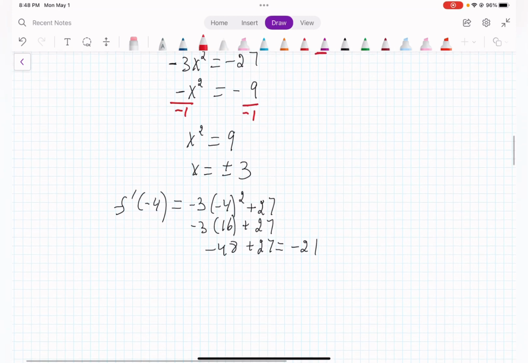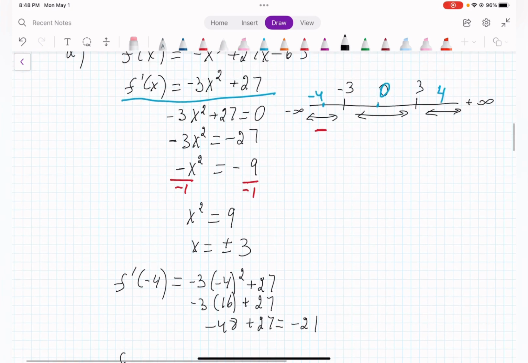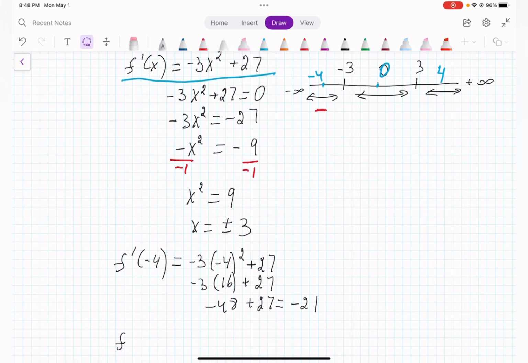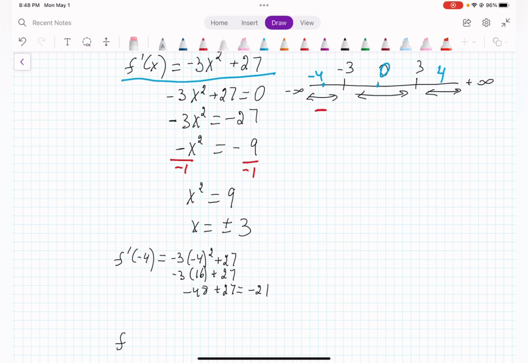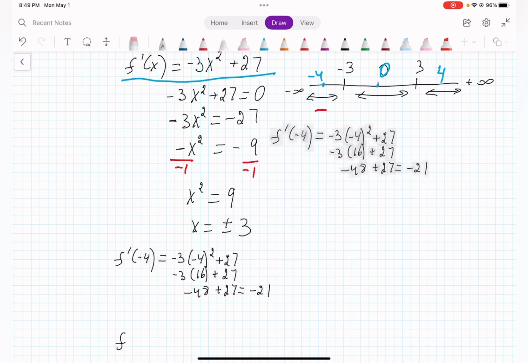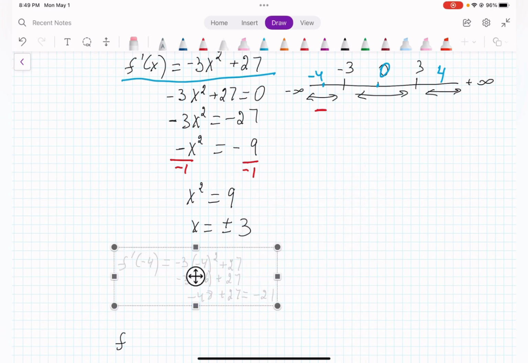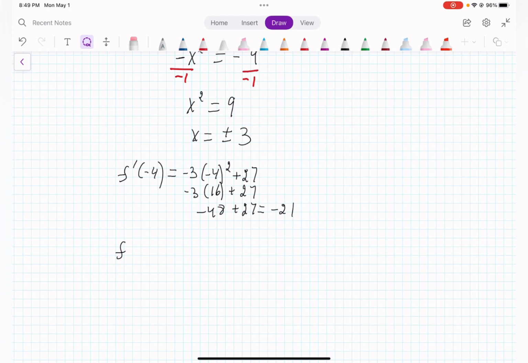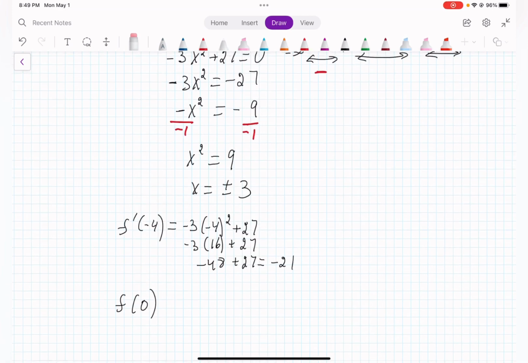Okay, now we are testing 0. Now f of 0. This was on the interval negative infinity to -3.